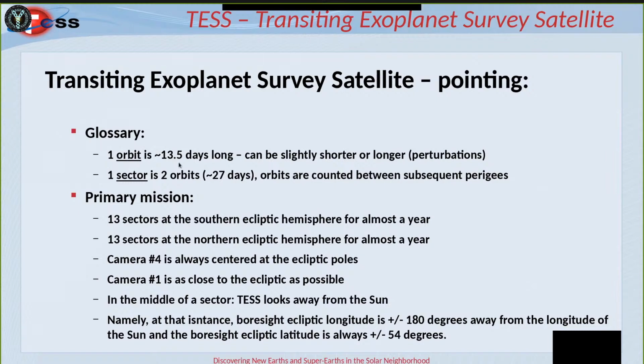So one orbit is one orbit of TESS around Earth. It's 3.5 days long. It can be slightly shorter or longer because of the perturbations. But as I told you, these perturbations are averaged out on a longer time scale, which means that the orbit itself is stable for several decades. So we don't have to worry.